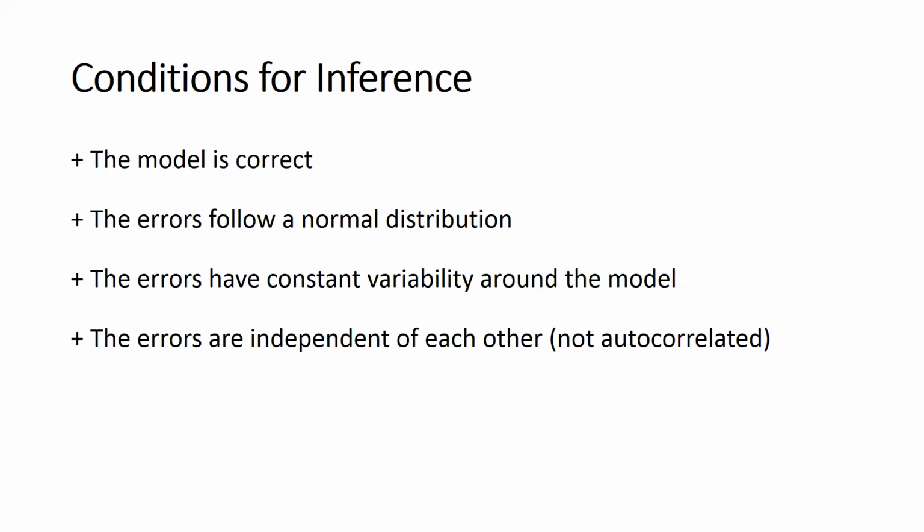So there's one set of errors that adjusts the predictions, if you will, from the model based on the independent variables. It introduces noise, and that noise has to follow this structure, normality with constant variability and independence.